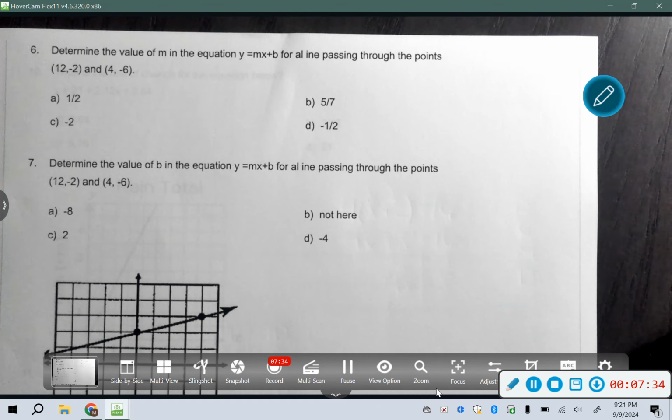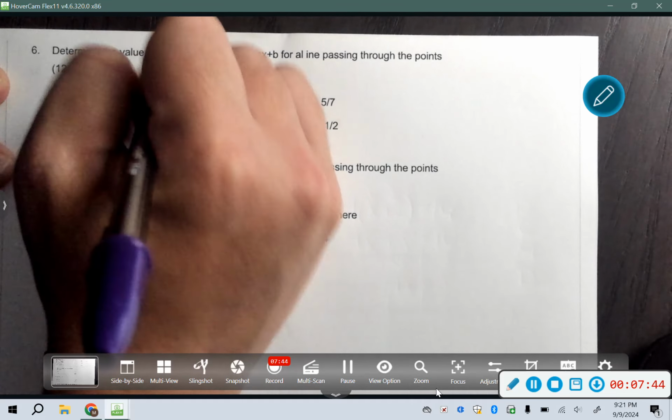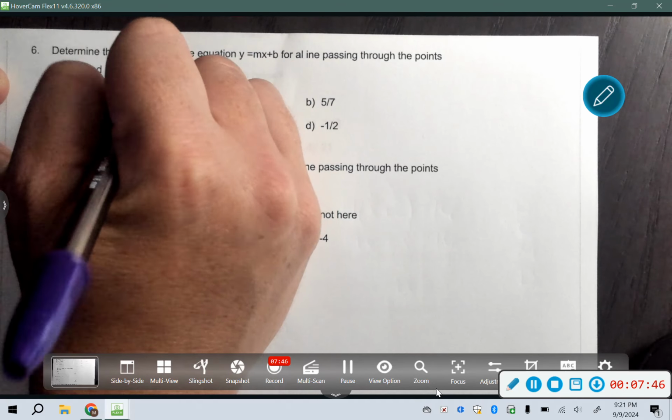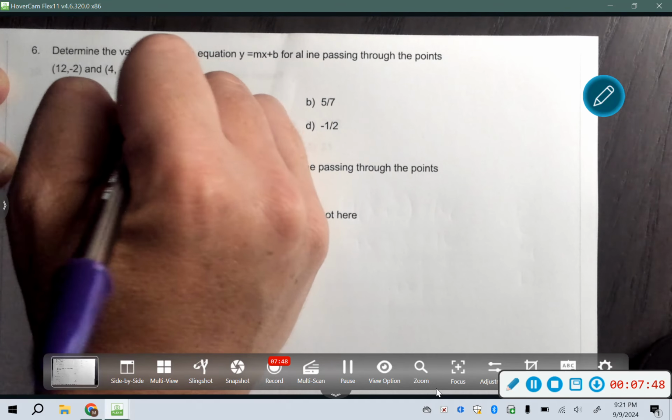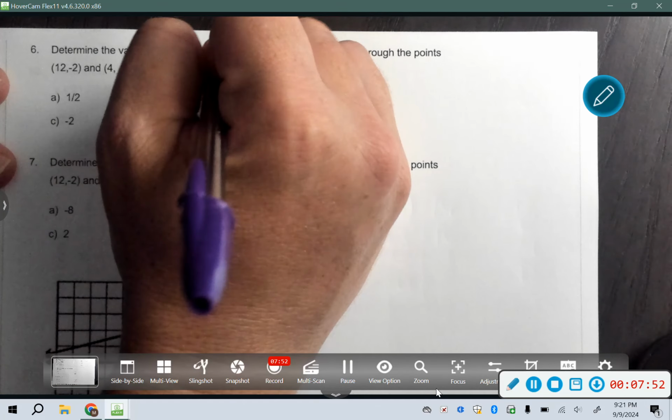Okay, looking at number 6. Here we have determine the value of m in an equation y equals mx plus b for a line passing through the points. So I'm given my points. I'm going to build a table. I have 12, negative 2, 4, negative 6, and then remember we do bottom minus top.